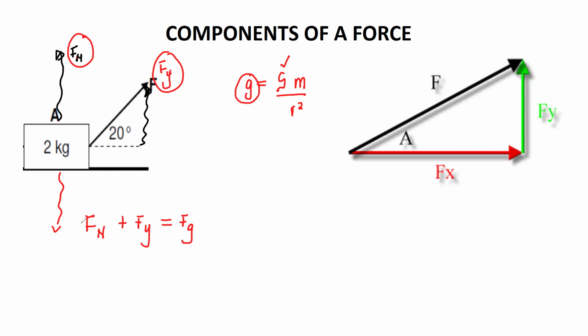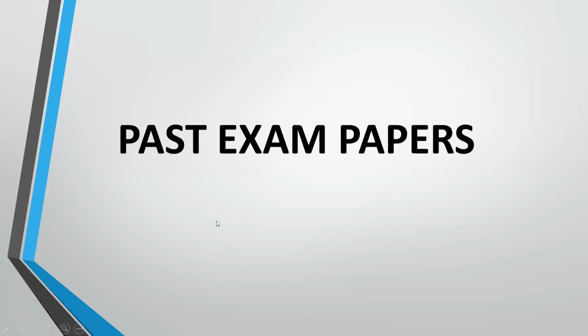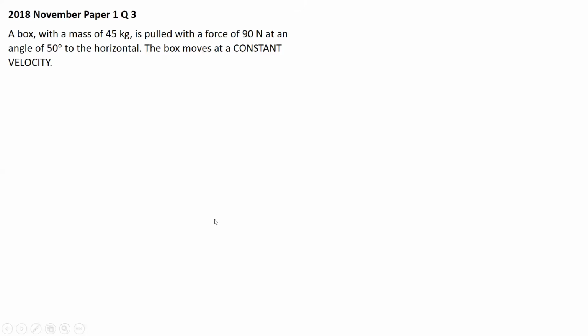All right, let me quickly go to my questions. There we are. Past exam papers. Here's my first one. Maybe write down the title. I always want people to know where they take these questions from. I will send this document so you don't need to write the whole question. We'll read it together.